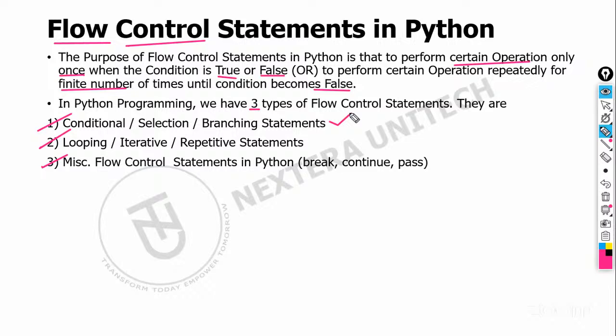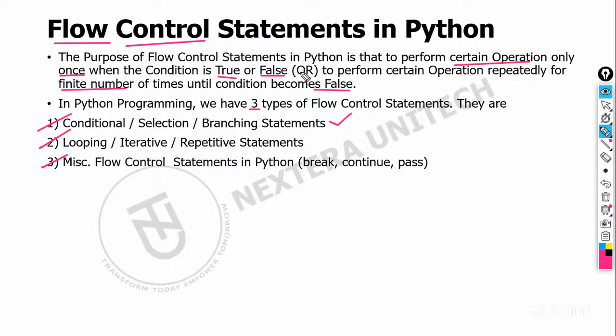Yes. What is the purpose of conditional statements, my friends? Why do we use conditional statements in Python? They help us to perform a certain operation when the condition is true, or when the condition is false.